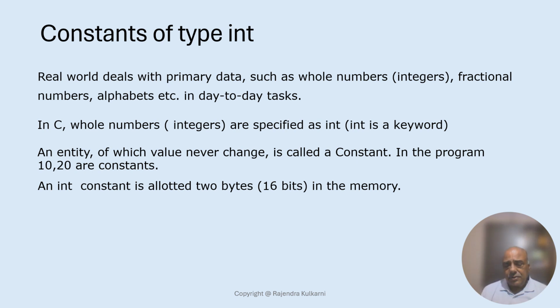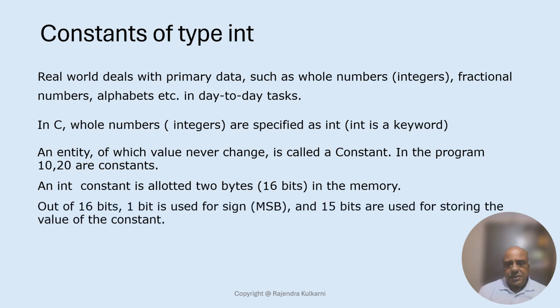The compiler converts the English-like language written in our program into a binary language understandable by the CPU and the PC. An int constant is allotted 2 bytes in memory. 2 bytes is 16 bits. Each byte is 8 bits. It is allotted by the compiler.